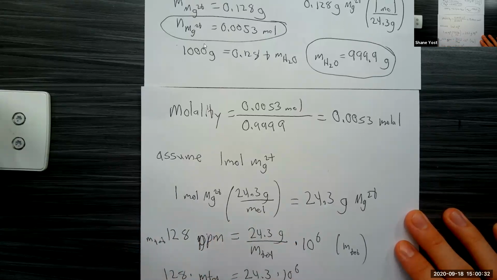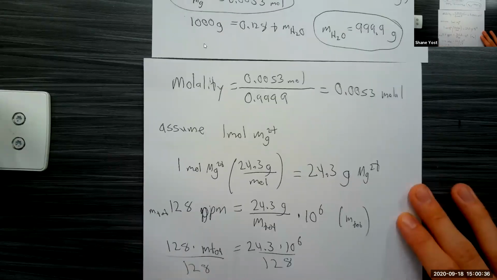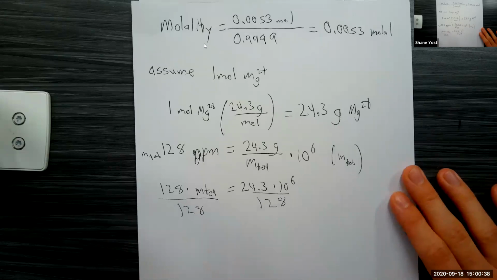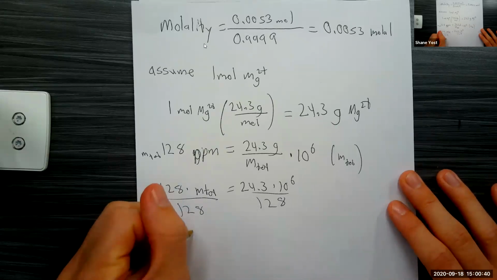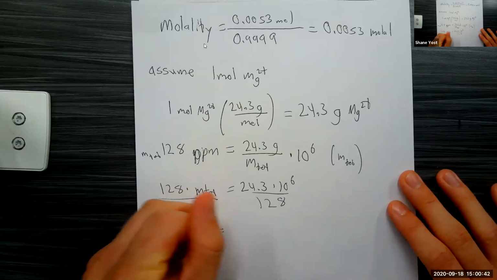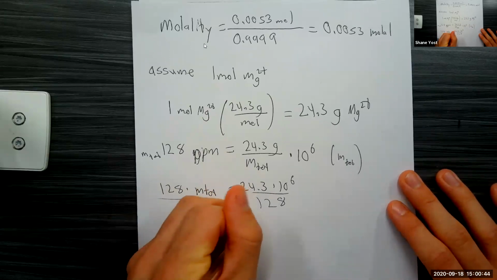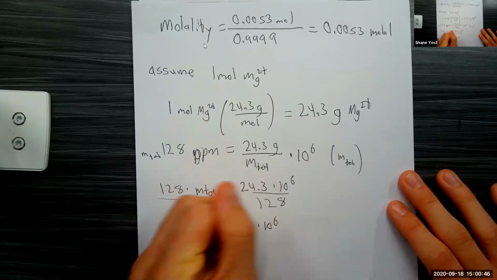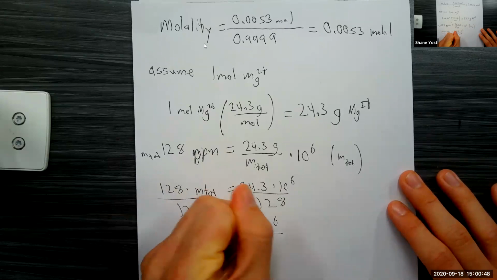And then I will divide both sides by 128 to get that the total mass is 24.3 times 10 to the 6 divided by 128.